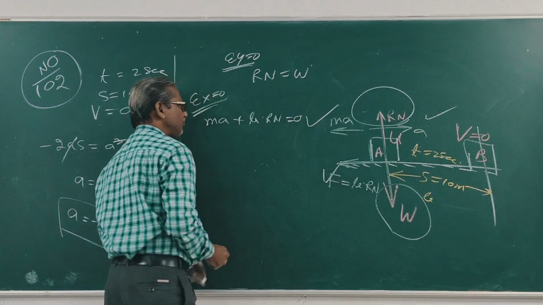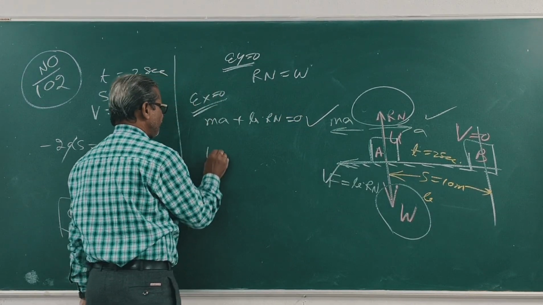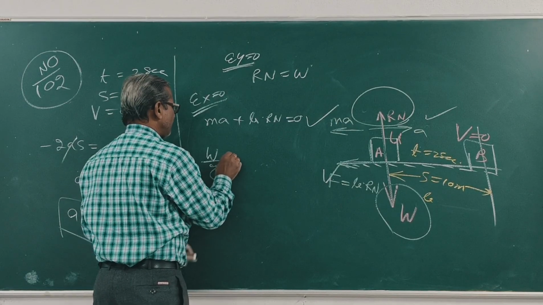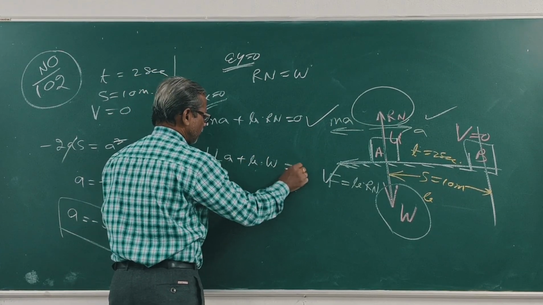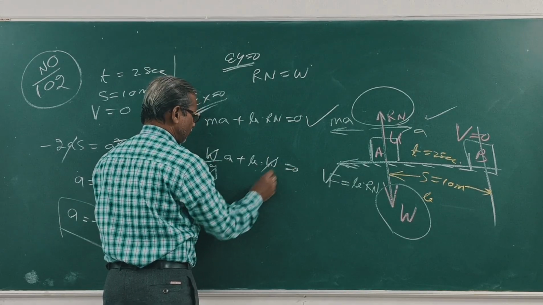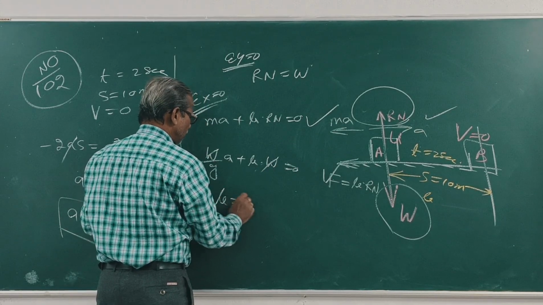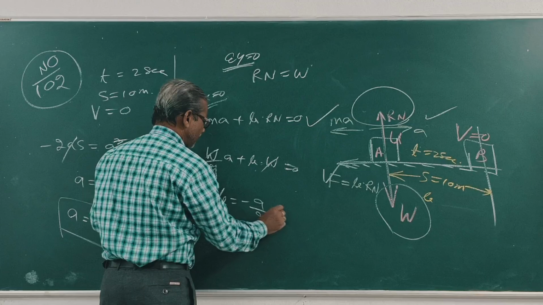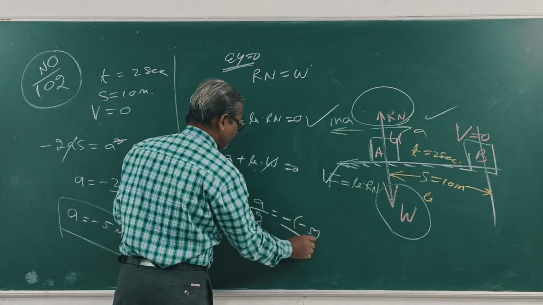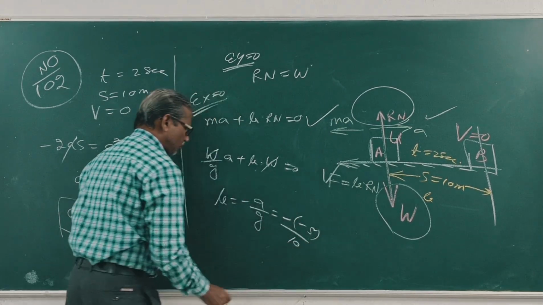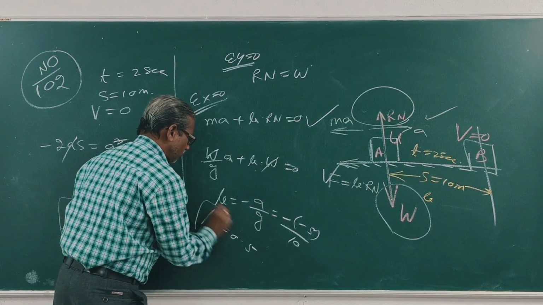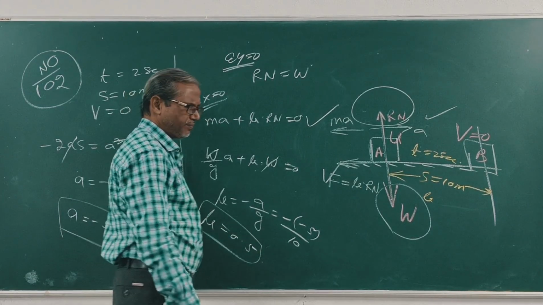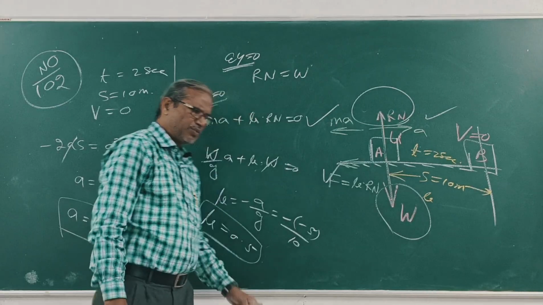W cancels out. What is mu equal to? Minus a by g. Minus a means minus minus 5 by g, g means 10. So 5 by 10, 0.5. What is mu equal to? 0.5. Clear? This is the answer for mu.